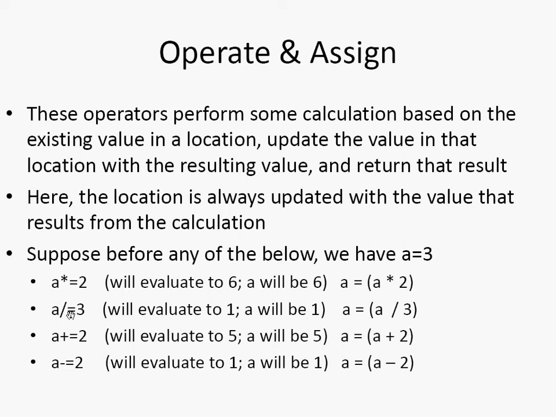Okay, so let's see. We can do things like this. A of 20 equals A of 20 plus 1. So this is saying increment by 1 the 21st element of this array. Again, it's element number 20, but it starts at 0, hence the 21st element. Incremented by 1.